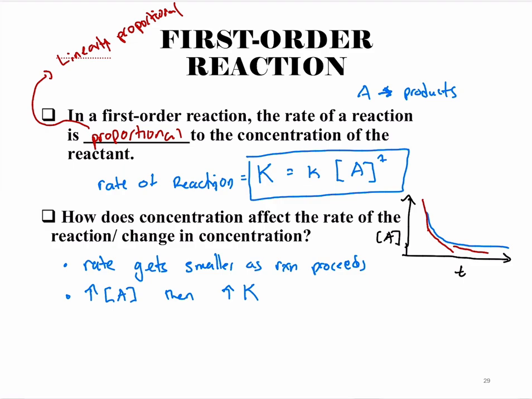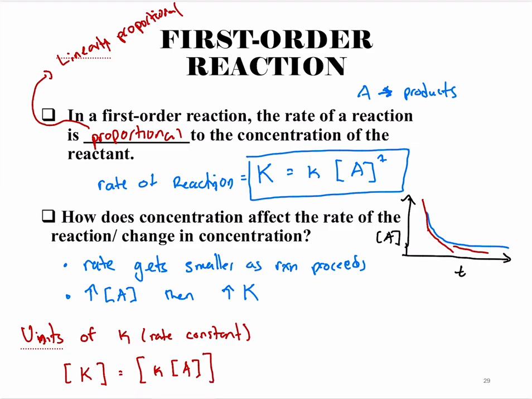And what about the units of lowercase k? This is the rate constant in this case. So we want the units of uppercase K to equal the units of lowercase k times the concentration of A. Uppercase K is units of what again?